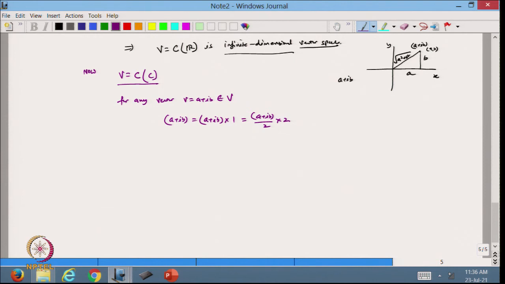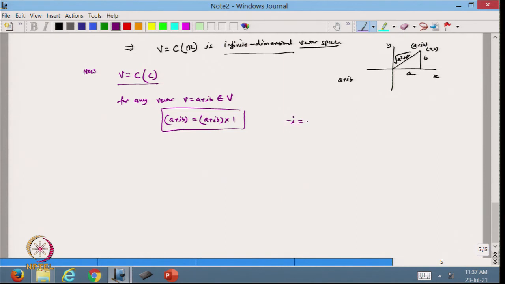This way also I can write. So I choose any vector, suppose you take minus i.